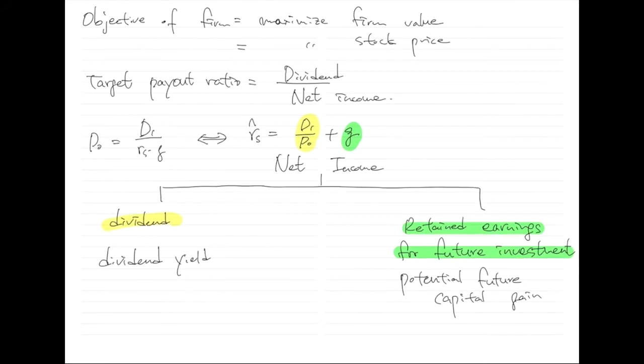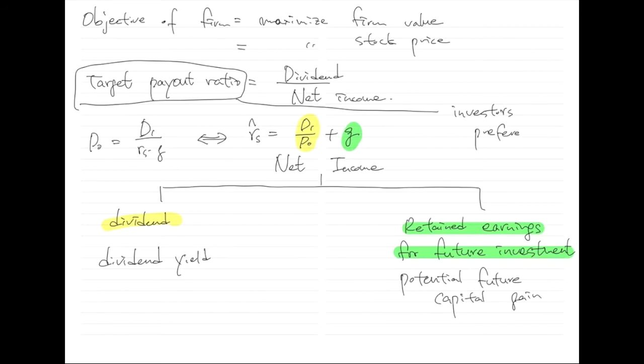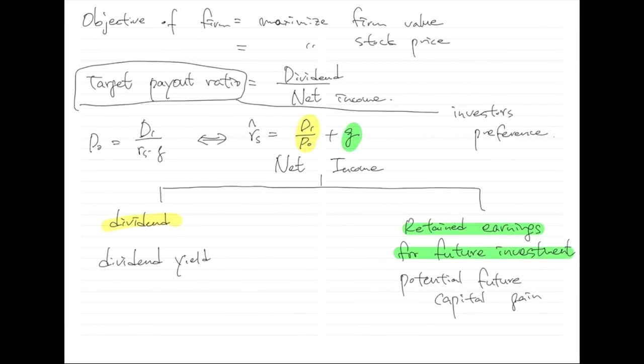In conclusion, the target payout ratio should be based in large part on investor preference for dividend versus capital gain. So it should be based on investor preference. Going to run how investors' preference can affect the dividend policy, the target payout ratio.